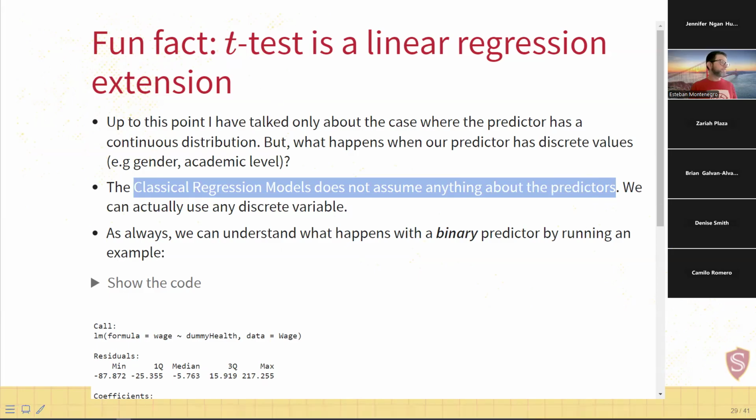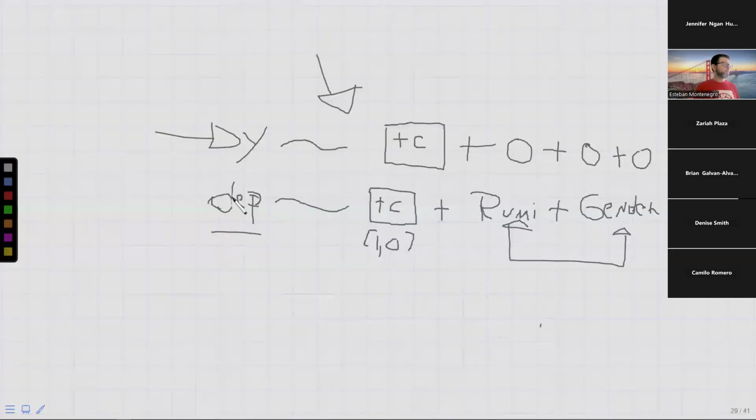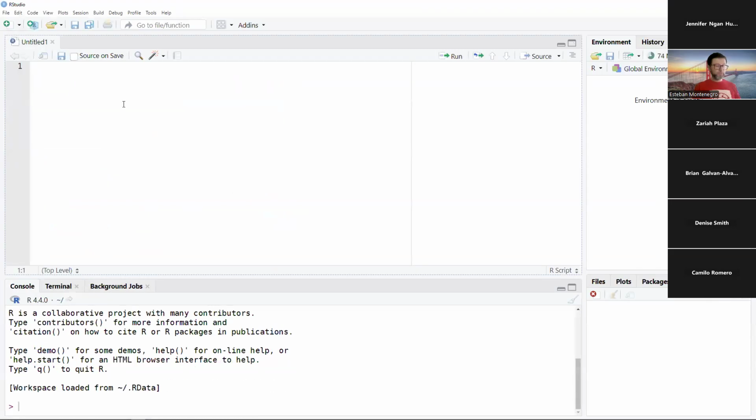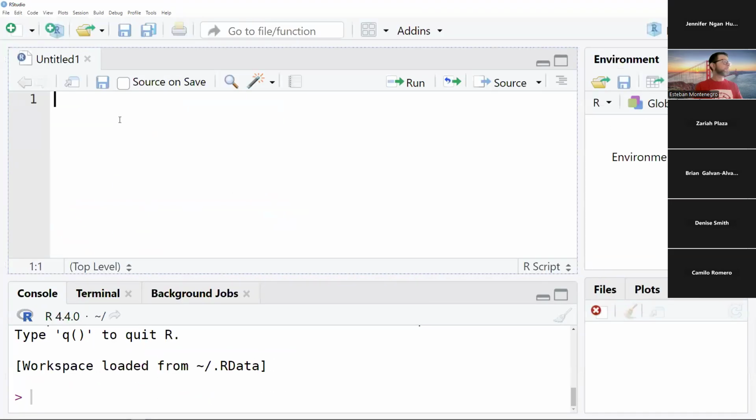In my example of depression, let me go to R. I can explain it better by typing. Depression could be explained by my experimental variable, by rumination, and also by gender.